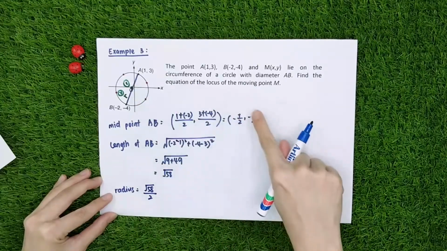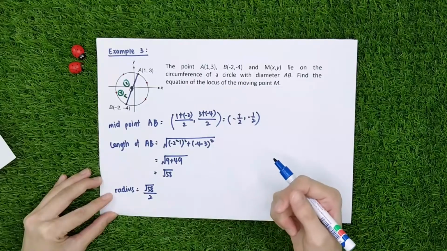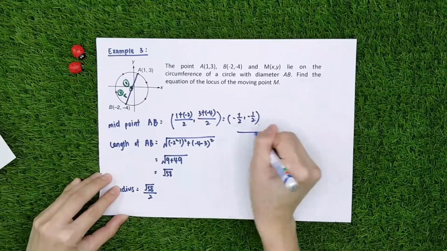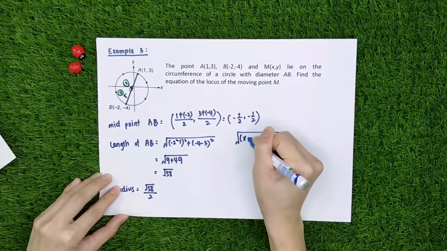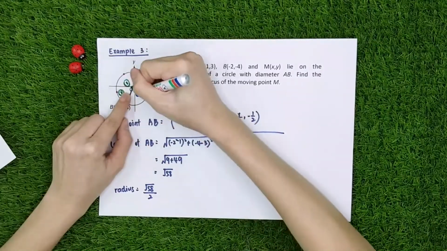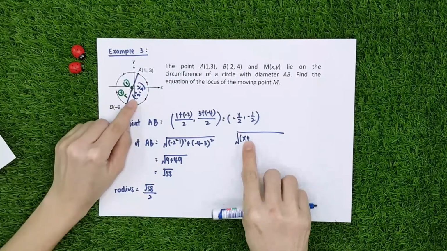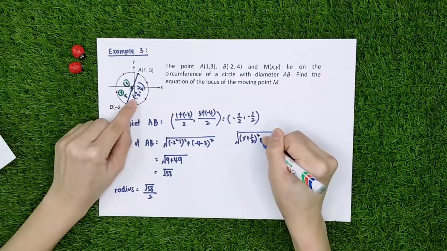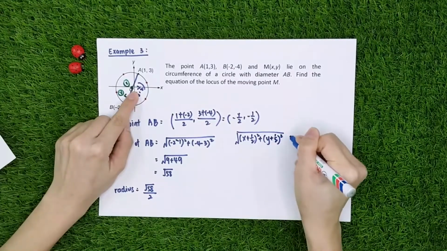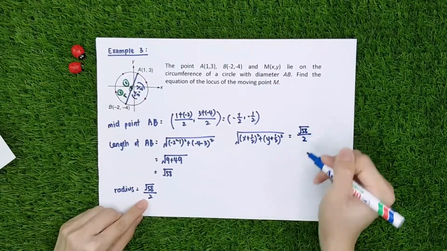Okay, I have my first information, I have my second information. Now I can find my equation of the moving point M. The midpoint is (negative half, negative half), so (x minus the negative half) squared plus (y minus the negative half) squared is equal to the radius squared, which is (square root of 58 over 2) squared.